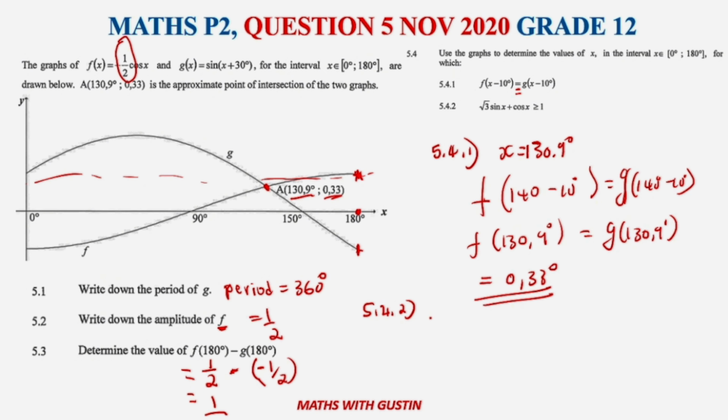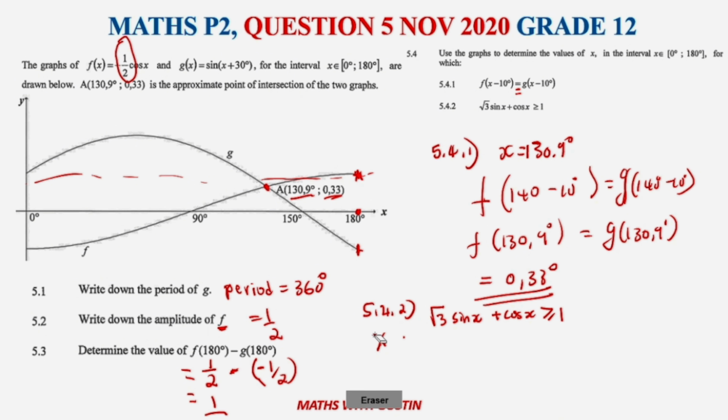All right, 5.4.2 is given by square root of 3 sine x plus cos x greater or equal to 1. Therefore we need to divide everything by 2, to make life easy for ourselves, for the sake of simplification.